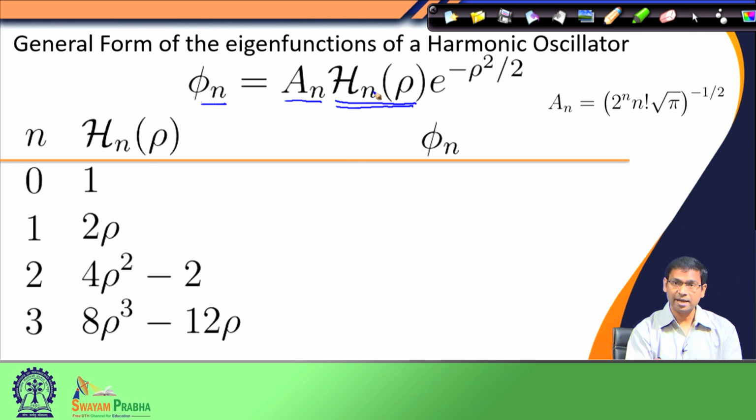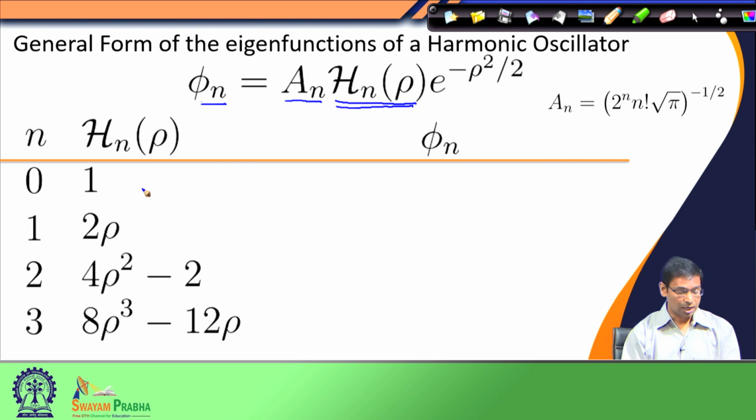So, in this case, H n is the nth order Hermite polynomial in the coordinate rho. This H n comes when you apply this step up operator n times, rho minus d by d rho to the power n, on e to the power minus rho square by 2.